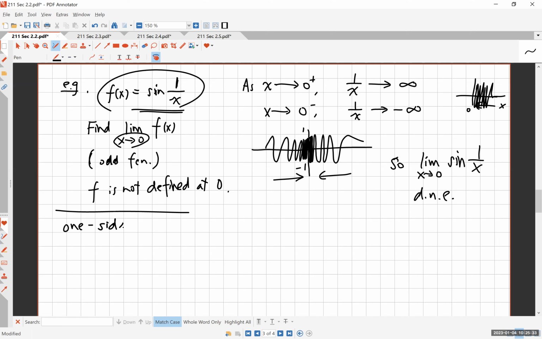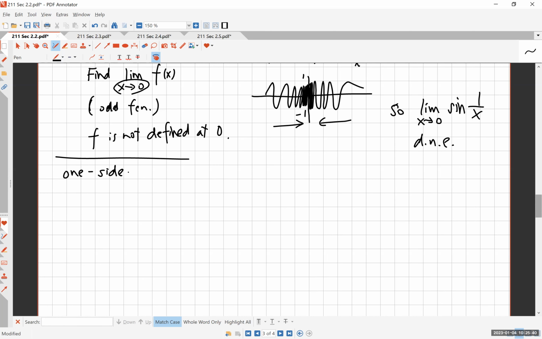I have a related topic to infinite limits: one-sided limits. I think we can figure out what this is. Here's an example, and maybe I don't have to give a precise definition if I do this. Let's say this is 2 and this is 1 and this point is a.